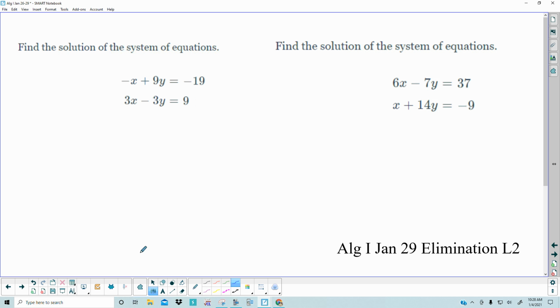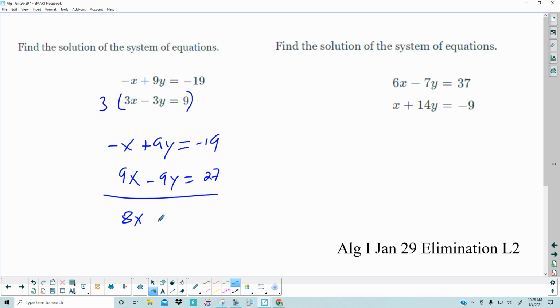It's your call. I like changing the bottom one because the numbers are smaller than doing the top. So I'm going to do it by modifying the bottom. So the top I'm going to just rewrite. The bottom becomes 9x minus 9y is equal to 27.